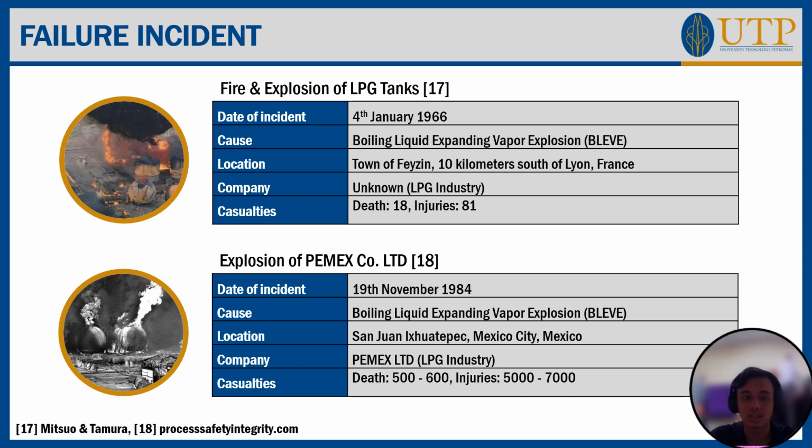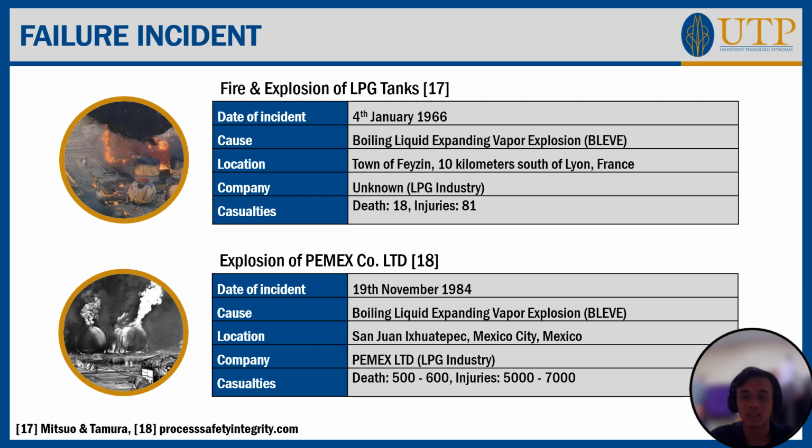The next incident is the explosion of Pemex Company Limited. The San Juan explosions were an industrial disaster that happened in 1984, caused by a series of explosions at an LPG tank farm owned by Pemex Limited. The explosion destroyed 6 large spherical tanks, 48 small horizontal cylindrical tanks, and nearby residential areas.